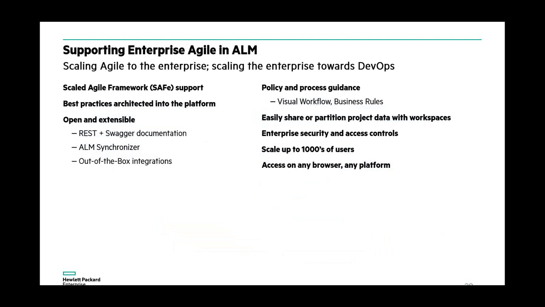We're going to continue, and we do support the Scaled Agile Framework within the Agile Manager product. And the Agile Manager product will be able to continue to integrate with what we've got coming out here and what we're showcasing here today. We are architecting our best practices directly into this platform itself. We're not enforcing a methodology, but a lot of the ways we're doing things are ways of taking lessons learned from our customers, things that we do ourselves very well that support a very, very reliable form of delivery to the business, and actually ingraining that into the technology.